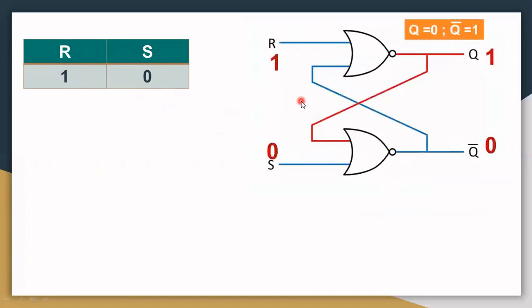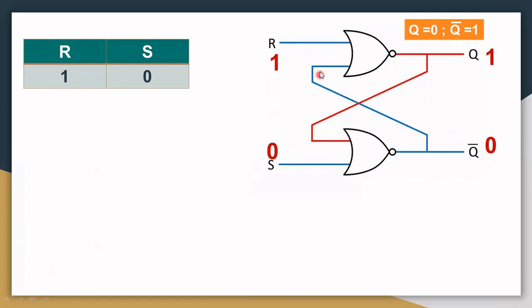Next, suppose another case in which R is equal to 1 and S is equal to 0. First case, when R is equal to 1, S is equal to 0, suppose the last state is Q is equal to 1 and Q dash is equal to 0. So when I am giving R is equal to 1, we have to consider this NOR gate first.